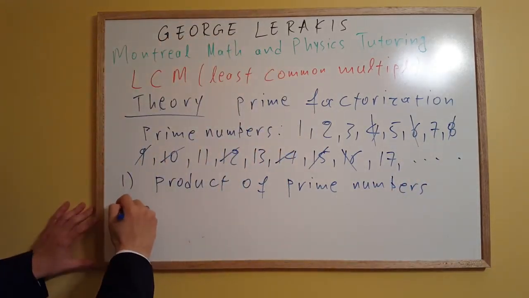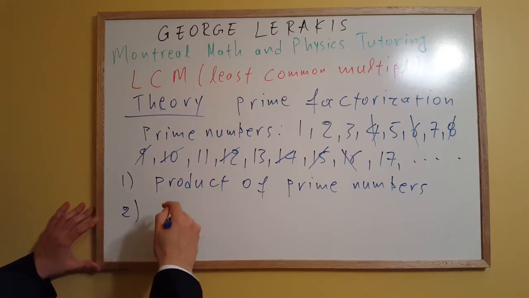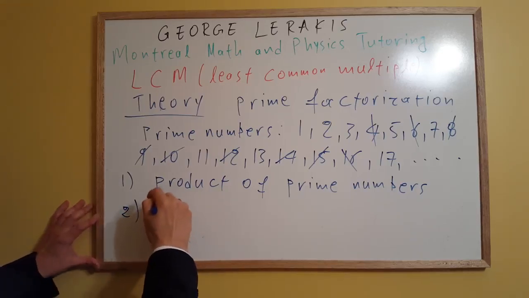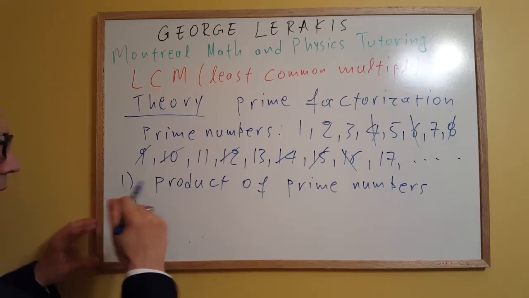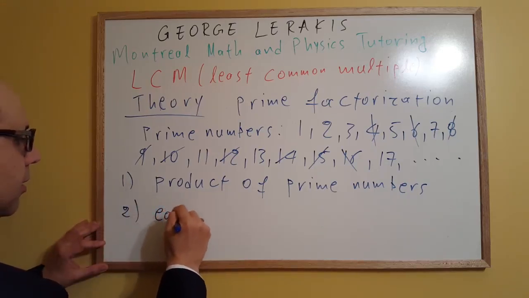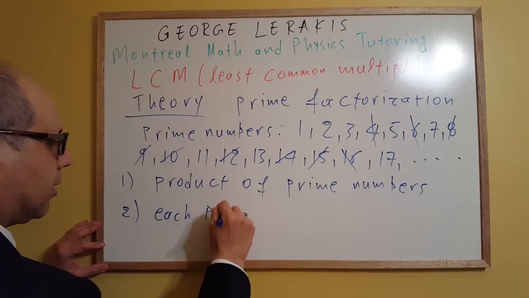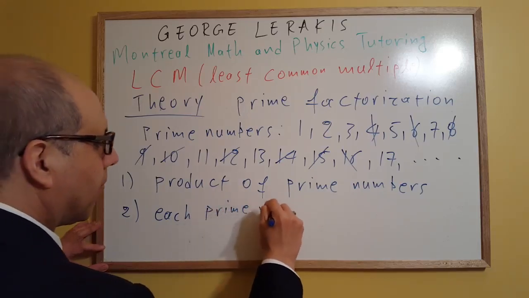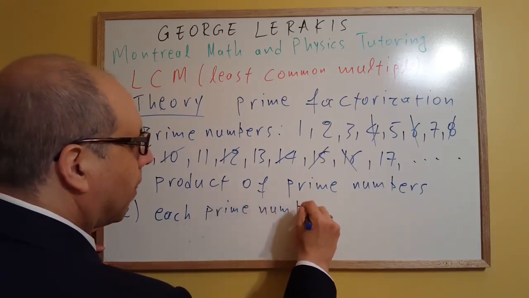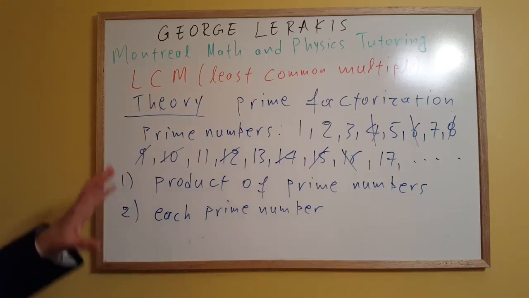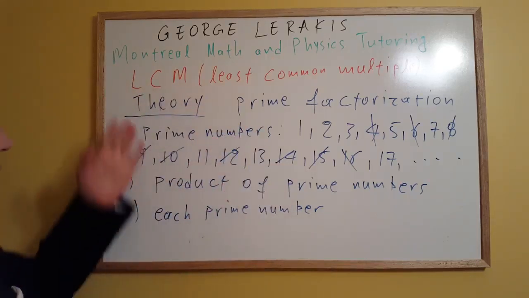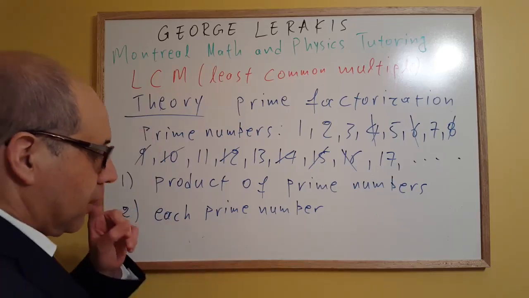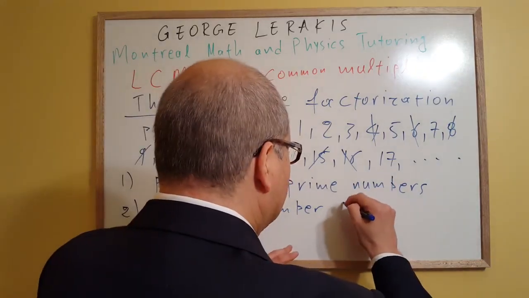And the second step is, in order to find the least common multiple, you have to take each prime number that exists in the two or more numbers that we're trying to find the least common multiple of, and you take it in the highest power.